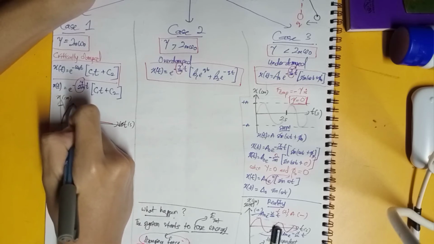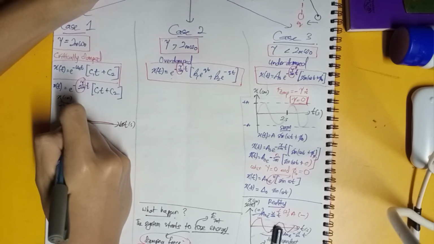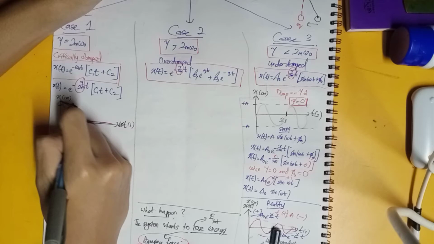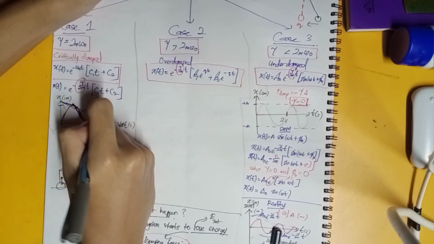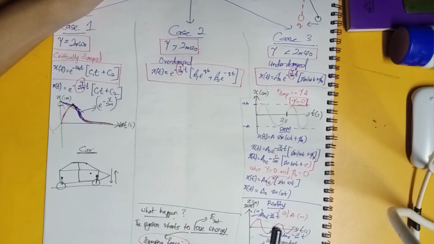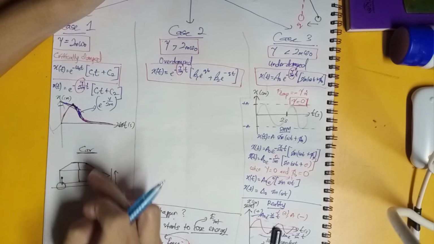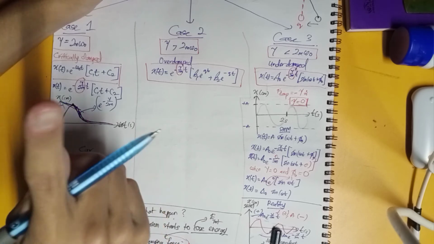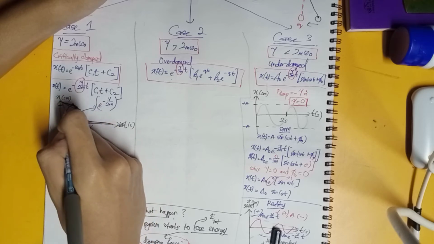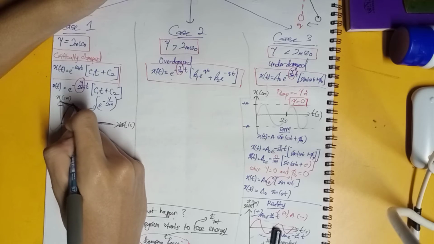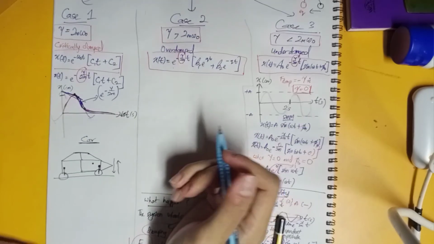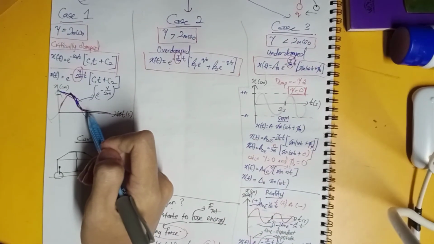At the same time, this system does not overshoot. It just goes positive and then goes to the equilibrium. It does not go up and down, up and down. That's it. This is what we call critically damped.